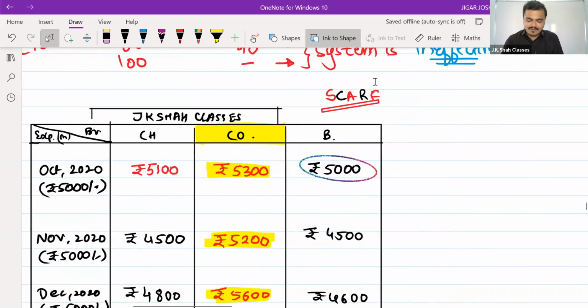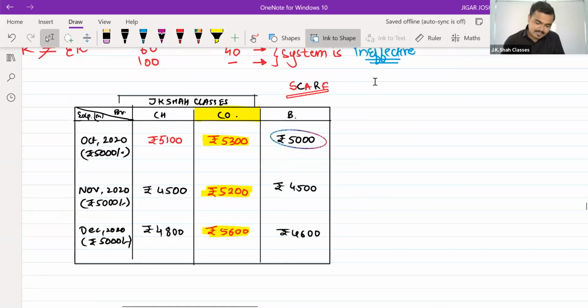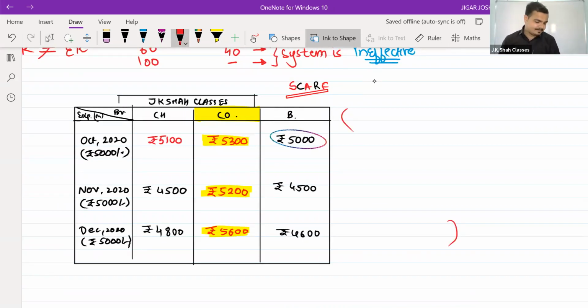Please draw this diagram very fast and keep the space over here to write down some information in brackets.